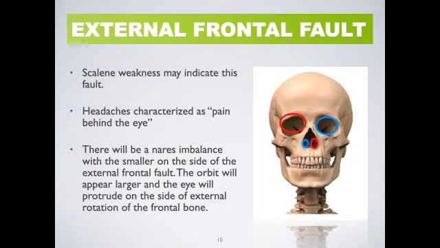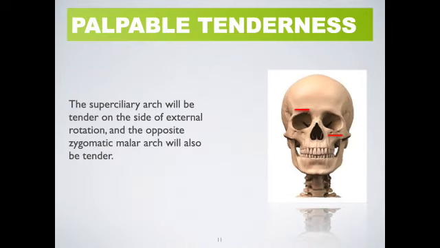There's going to be smaller nares on the side of external frontal. The orbit's going to be a little bigger on the side of external frontal, and the eye may protrude on the side of external frontal. Palpable tenderness: the supraciliary notch will be tender on the side of external rotation, and the contralateral zygomatic malar arch will also be tender.